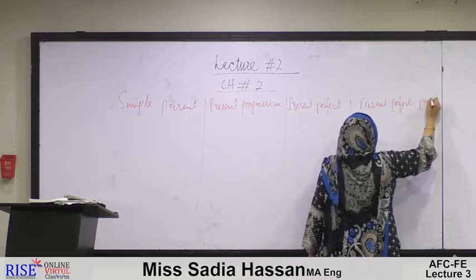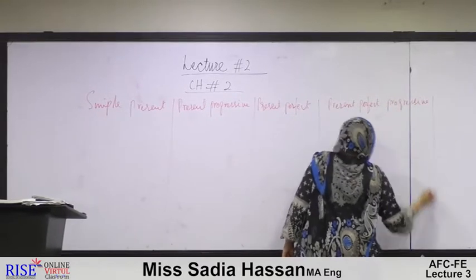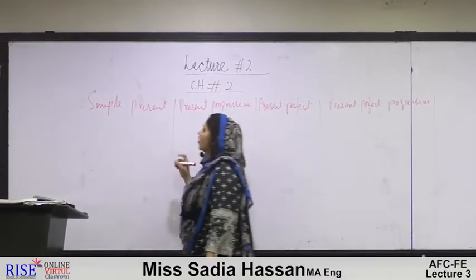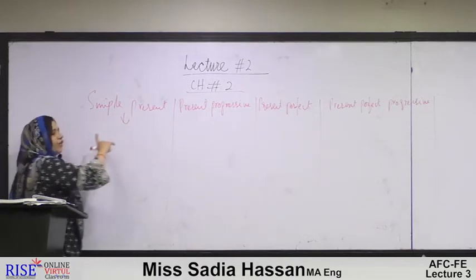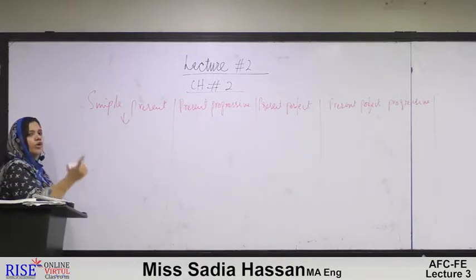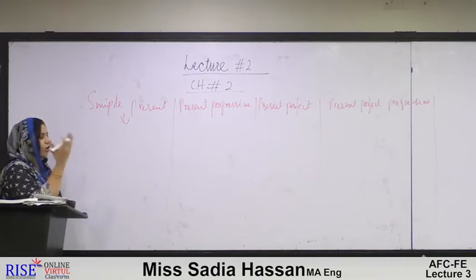It is also called a combination tense, present perfect progressive. First of all, simple present. We are going to see what different forms are used, how to make the affirmative sentence and how to make the negative and interrogative sentence.